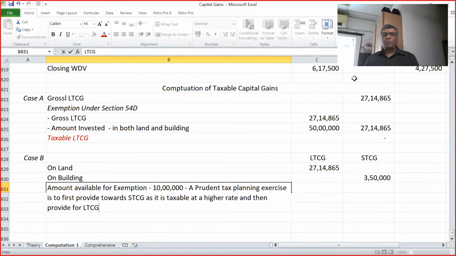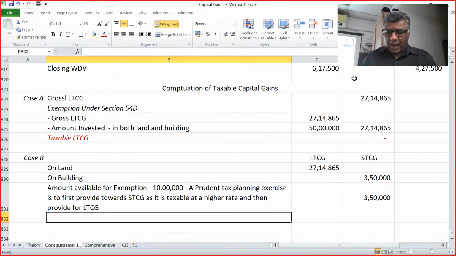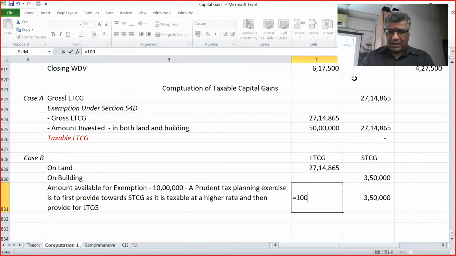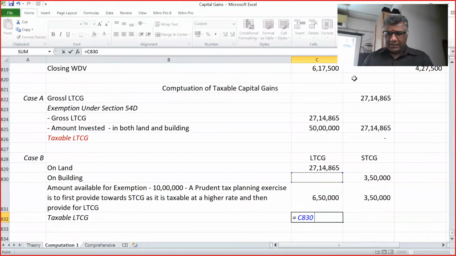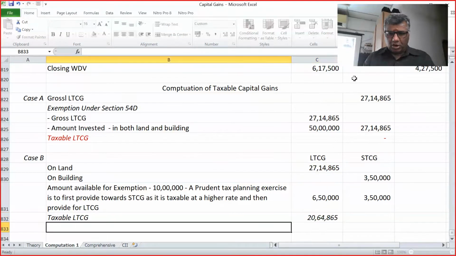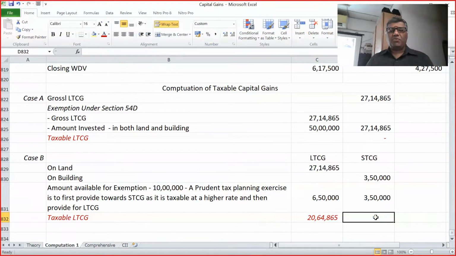So, my dear friends, I will set off 3,50,000 here and the balance, 10 lakhs minus 3,50,000, goes to LTCG. So I will get a taxable LTCG in case B of 20 lakh 64,865.